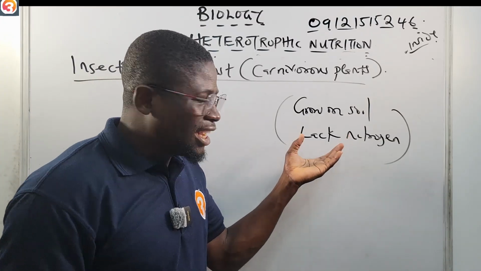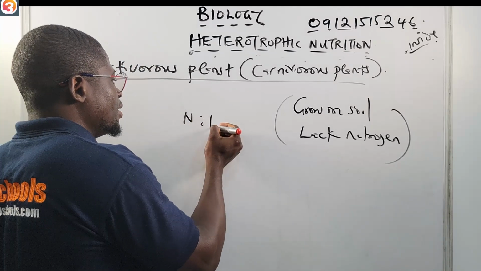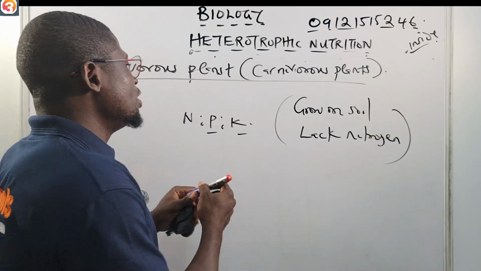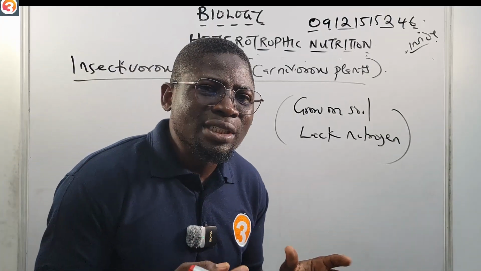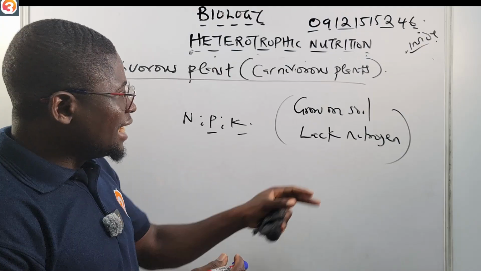Nitrogen is one, like we talk about NPK: nitrogen, phosphorus, and potassium. They need nutrients apart from the glucose they manufacture from photosynthesis, like nitrogen.